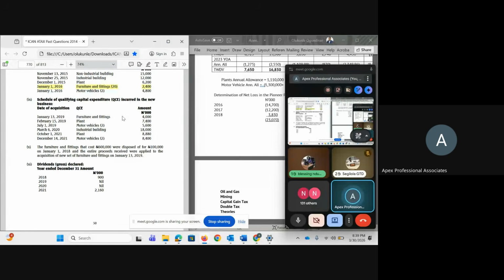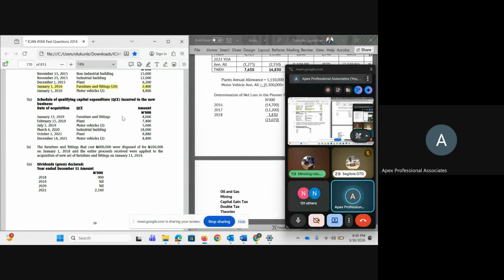Number two, if you want to interpret this question correctly, it means in 2019 or 2016 we bought an asset of 2.4 million. So let's say we bought furniture. How do you explain furniture now? What are the sizes that you have?